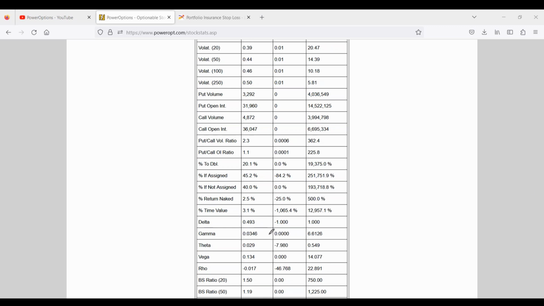But things that might be more important are maybe the average theta, average gamma, but really most important is the percentage time value, maybe the average percent naked yield. Also, percent return naked for selling cash secured puts is a little bit different than the time value, honestly, but those are numbers to consider, and that's how you could do it.